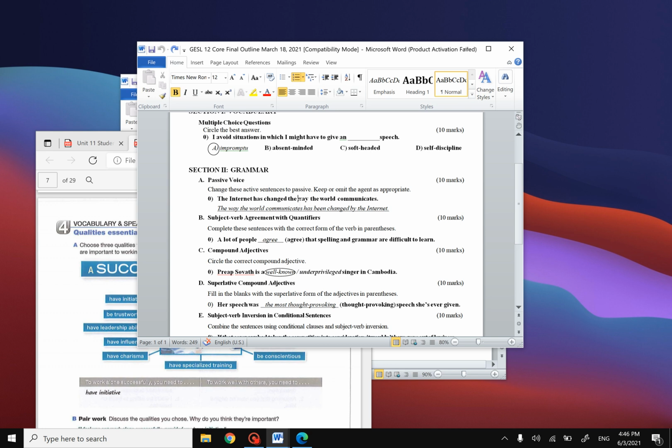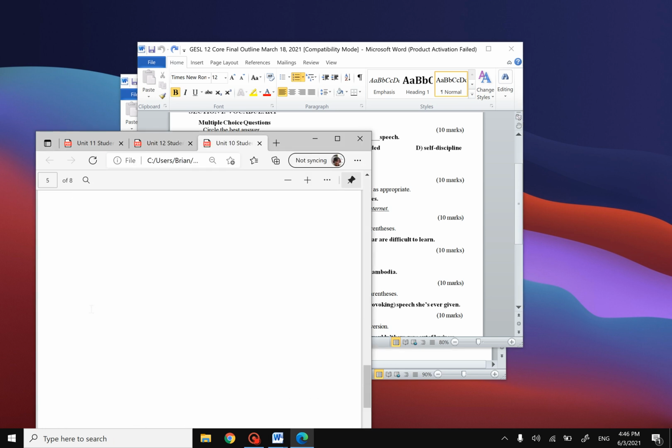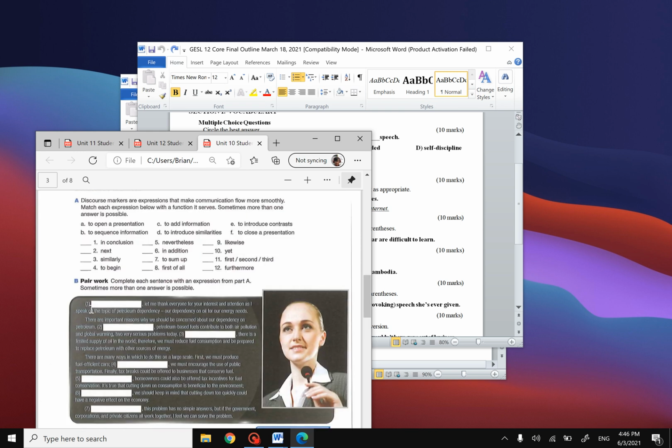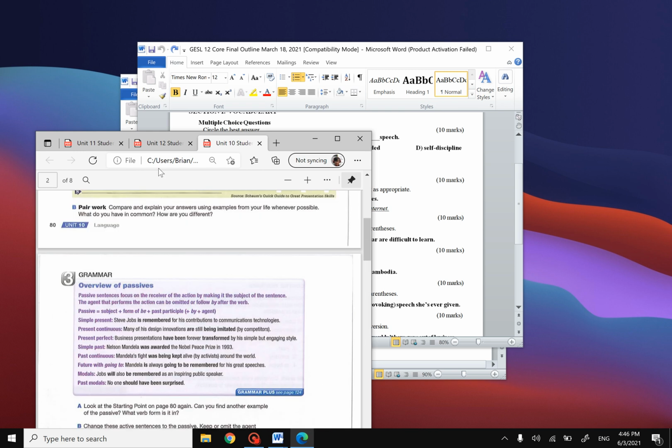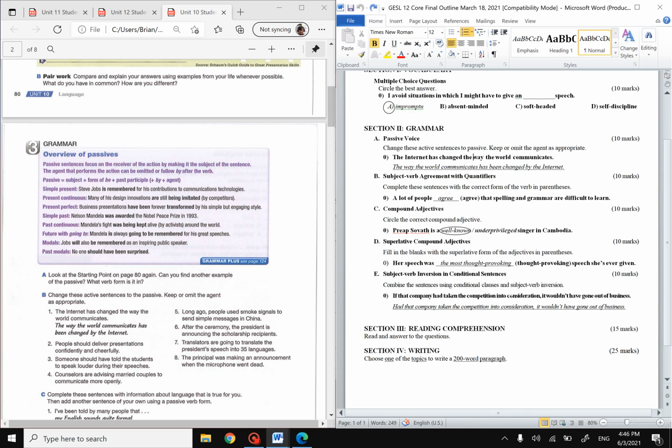First one is the passive voice. Passive voice comes from Unit 10. We can see here the overview of passive voice. In the exercise, they will ask you to change a sentence in active voice into a sentence in passive voice.